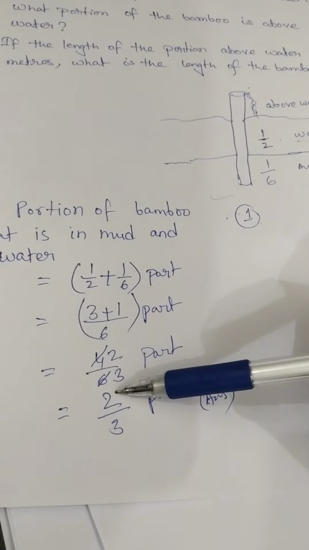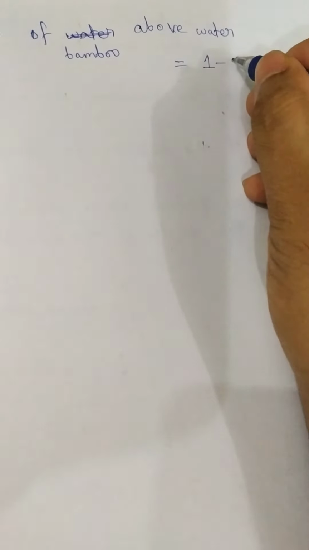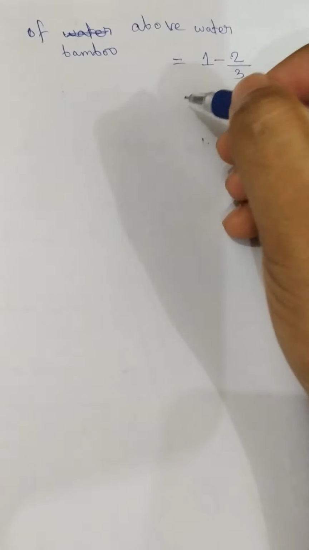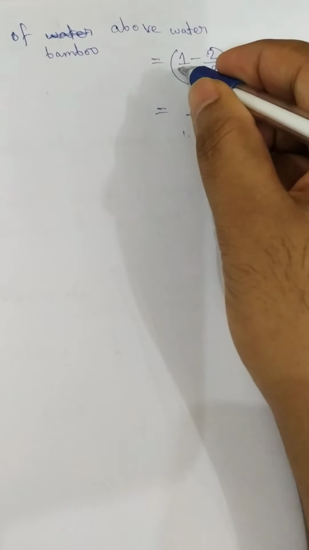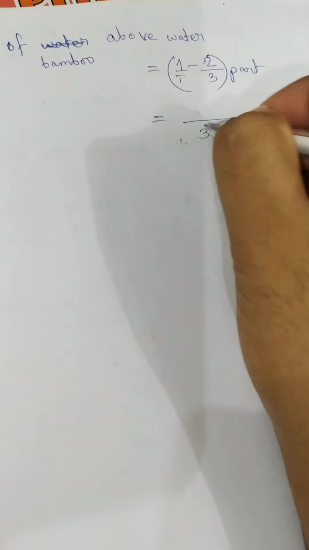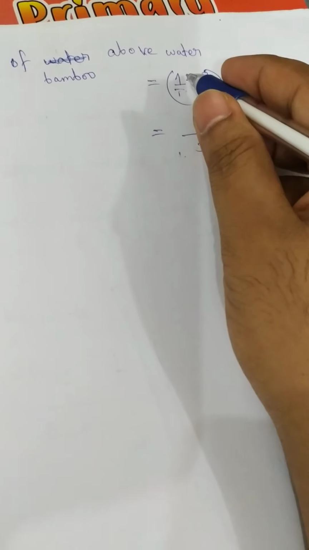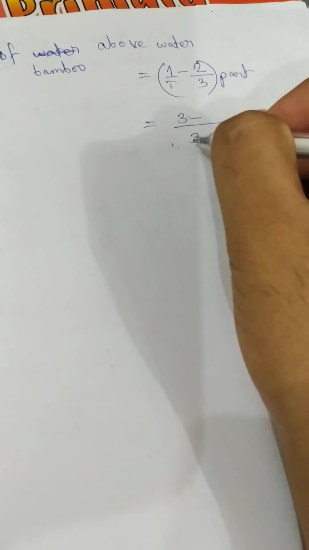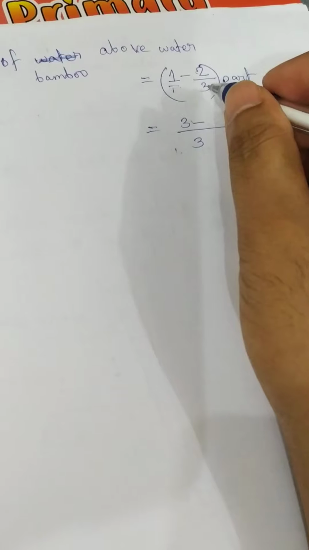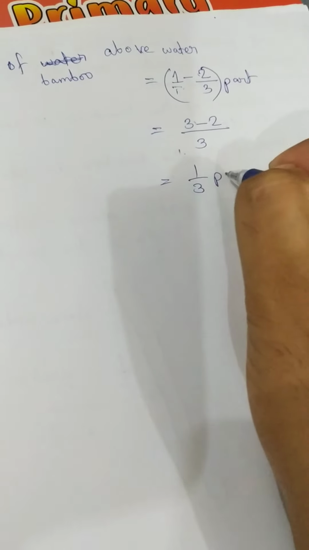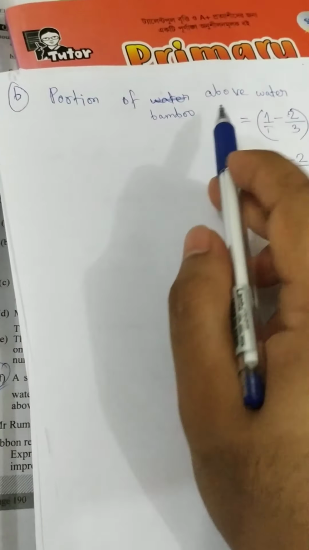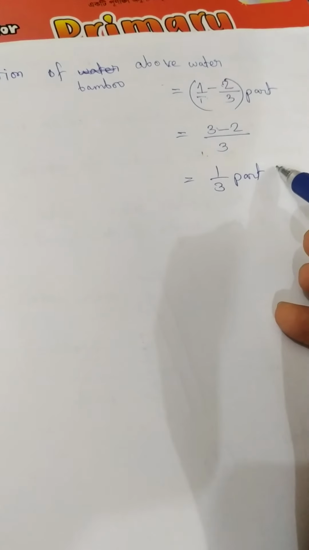What did we get? 2 by 3. So portion of bamboo above water equals 1 minus 2 by 3, which we got from part A. If we do LCM, we know that there is 1 over here, so 3 is the LCM. 3 divided by 1 is 3, 3 into 1 is 3, minus 2, so 1 by 3 part. So the portion of bamboo that is above water is 1 by 3 part.